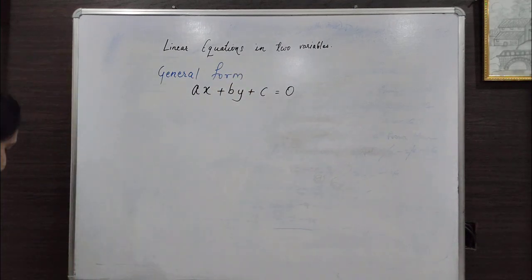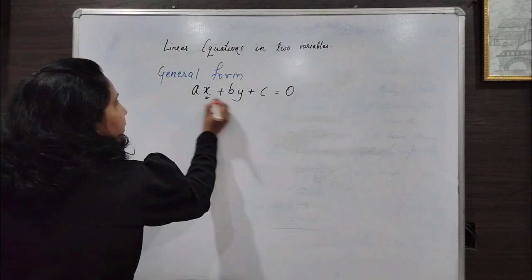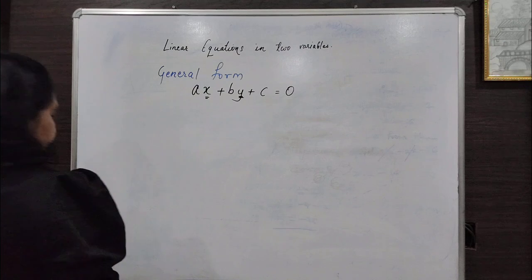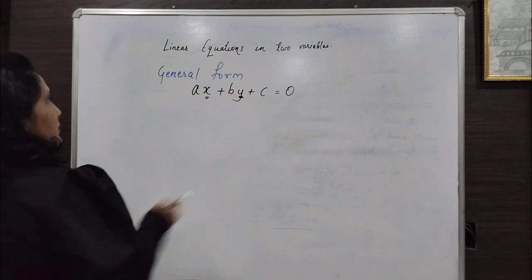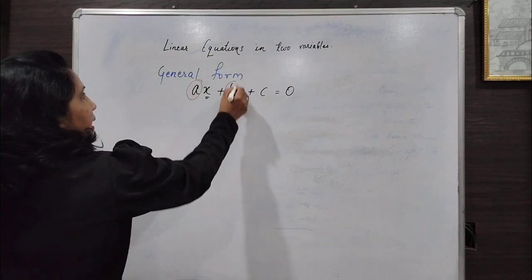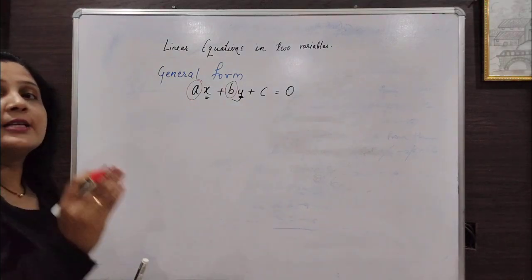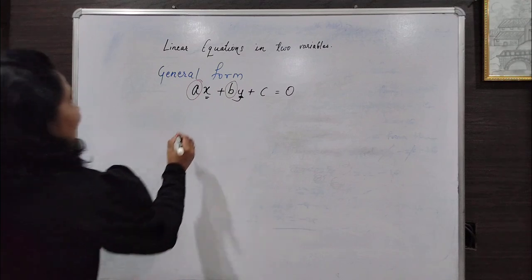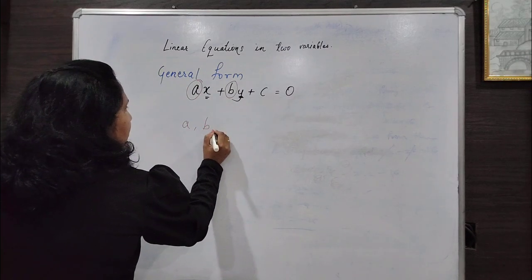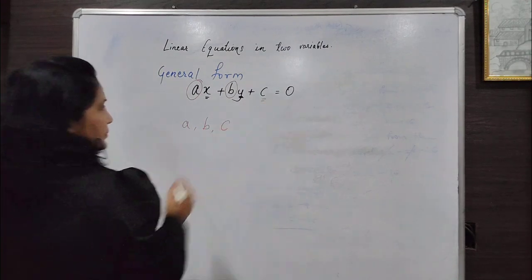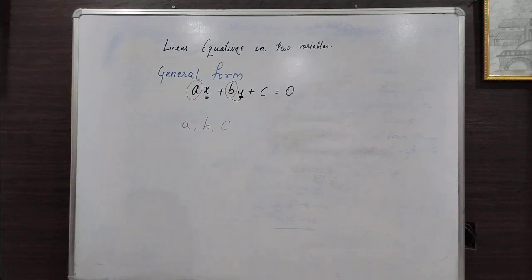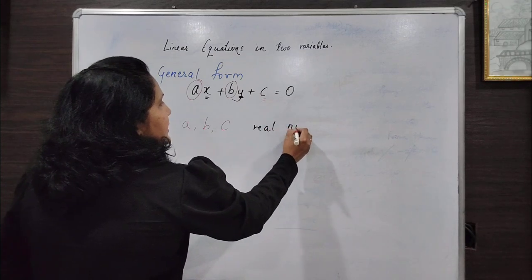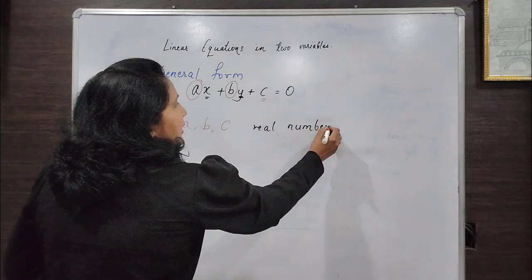In this case, x and y are the variables, and a and b are called coefficients. Now, a, b and c can be any real numbers.